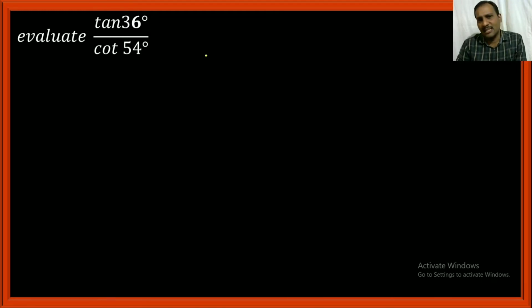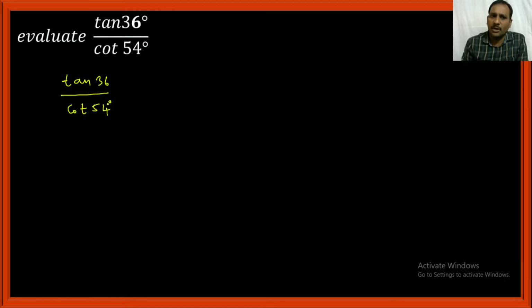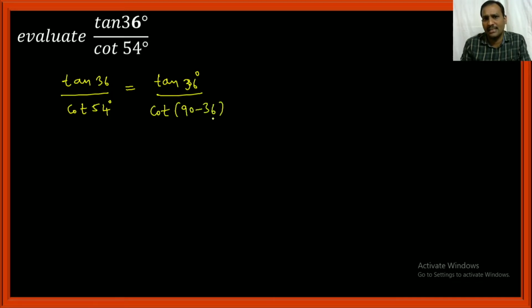Now tan 36 by cot 54. It is similar to the previous problem. In the previous problem, I converted the numerator. Now I am keeping the numerator as it is and I want to change the denominator. So can I write 54 as 90 minus 36?